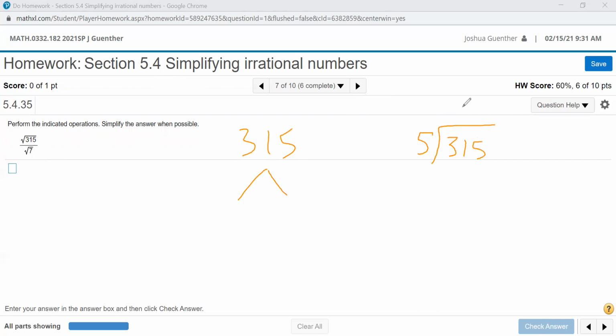Five won't go into 3, it'll go into 31 6 times. Bring down the 5. And that's going to be clean, meaning that there won't be a remainder. So 315 is 5 and 63.